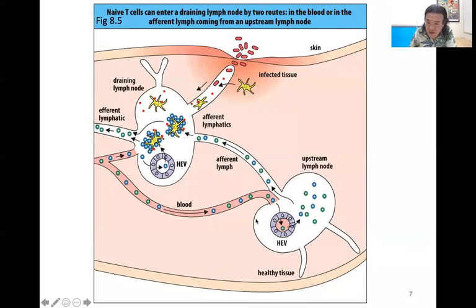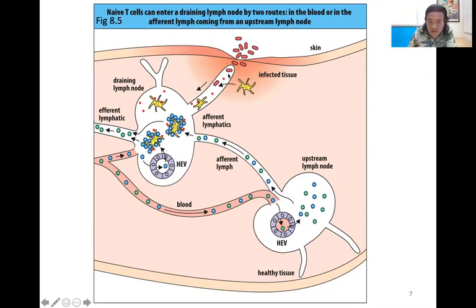Remember, the only way of leaving the lymph node is via the efferent or exiting lymph vessel, and that efferent lymph vessel becomes the afferent lymph vessel leading into the next lymph node upstream. So why is this lymph node special? Because this is the one that is closest to an infection.